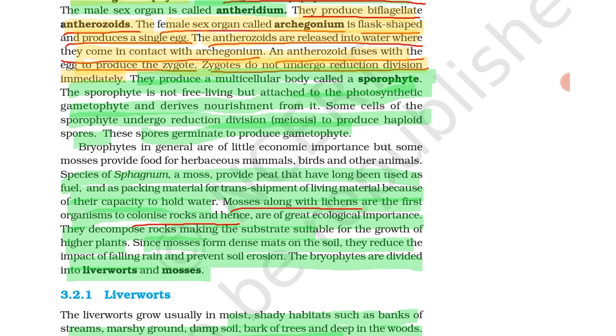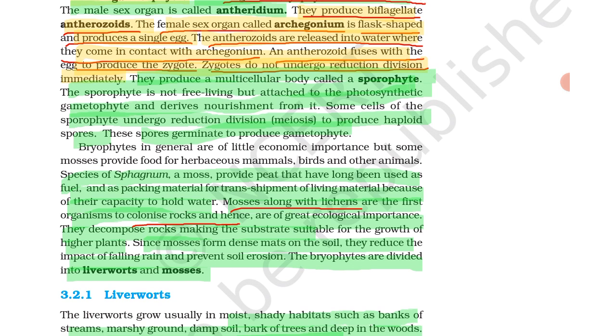Whenever we transfer a living material or an organ from one place to another, this sphagnum moss is very useful for transshipment of living material, because they have the holding capacity, they hold water. Because of this property, they are used in transshipment of living material.